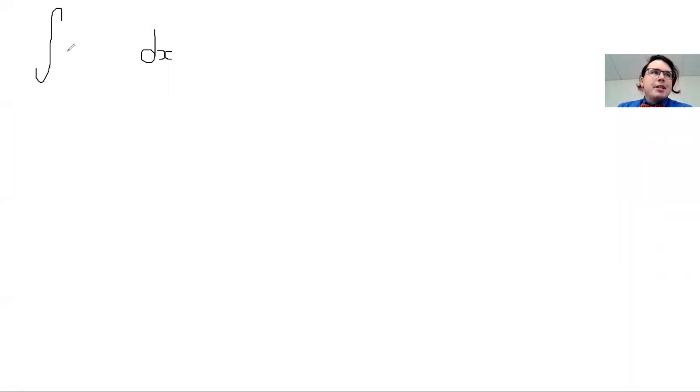So I want to integrate e to the power minus x squared. Doing that is going to require that I have a power series for the function e to the minus x squared. So off to the side, I'm going to try to calculate what that would look like.